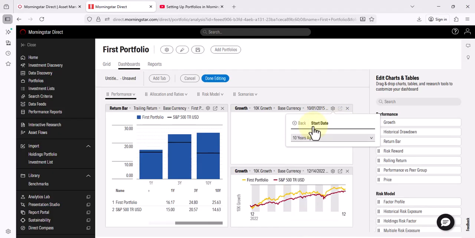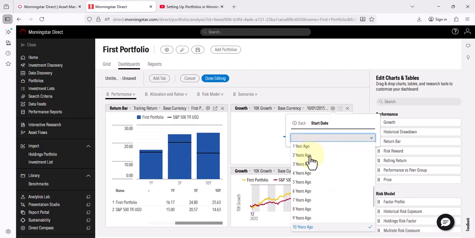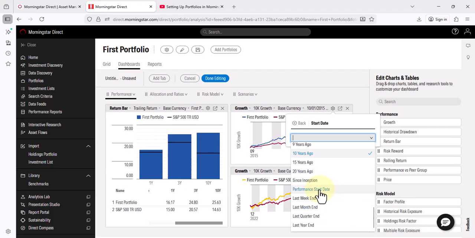And I have the option, just to show you that, to put in a specific date. So let's say I wanted to go from the year end of 2014 to the year end of 2024.